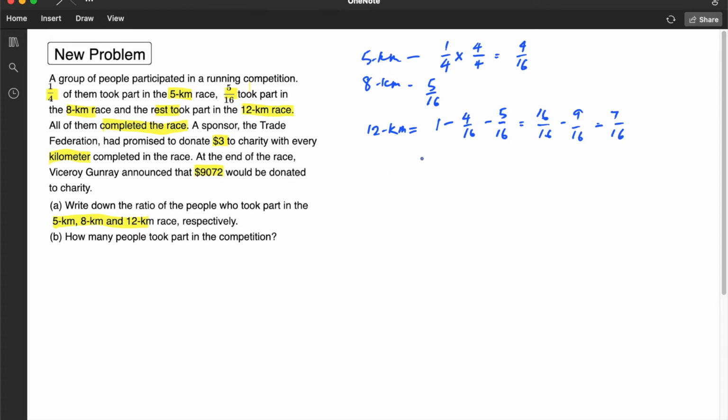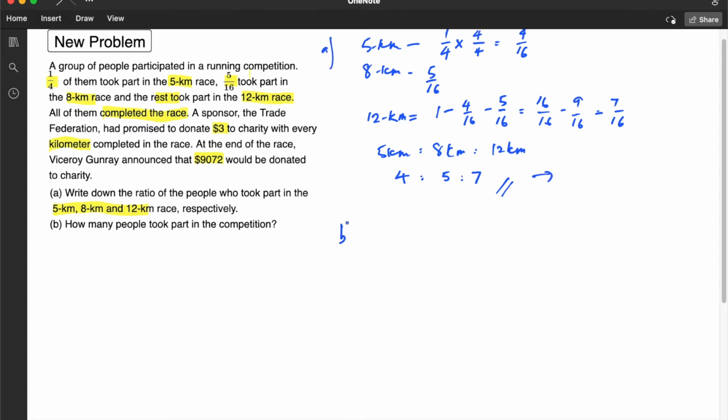So the ratio will simply be the numerator of all these fractions. For the 5-kilometer to the 8-kilometer to the 12-kilometer race, the ratio will be 4:5:7. So that's the answer for part A.